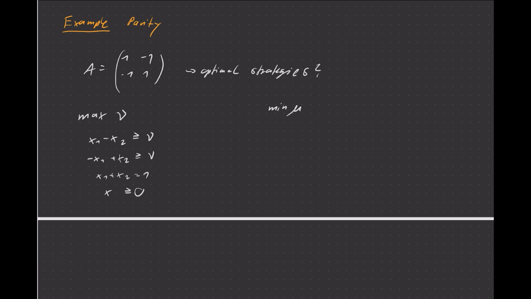So y transposed times A gives us y1 minus y2, which needs to be less or equal to mu, and minus y1 plus y2 less or equal to mu. So those are the two conditions. And then again, of course, we need to have the sum of the two equal to 1, and we need all entries to be greater or equal to 0.